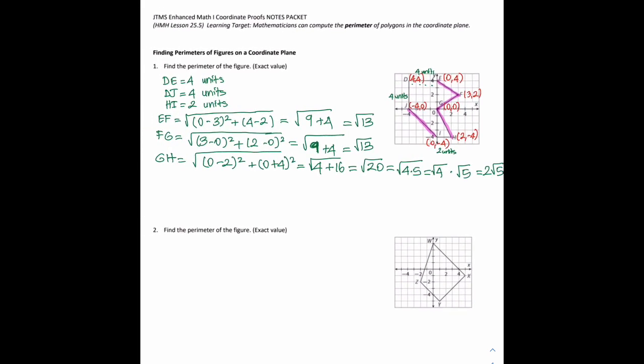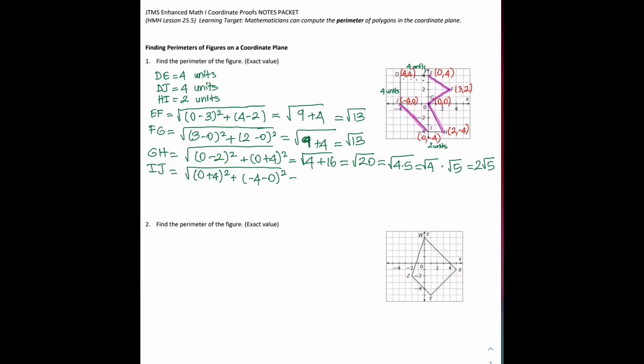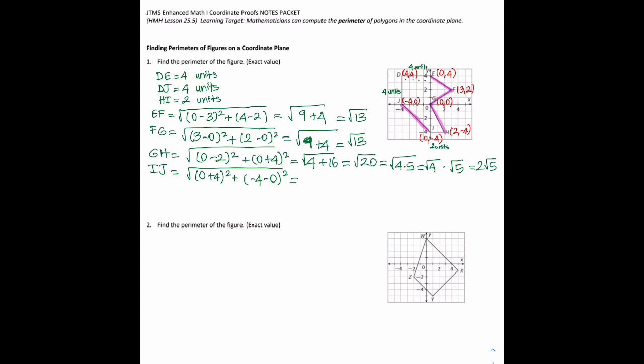So let's continue with IJ. 0 minus negative 4, which will be positive 4 here, or plus 4, plus negative 4 minus 0 to the second power, which will give us the square root of 16 plus 16, which is the square root of 32.